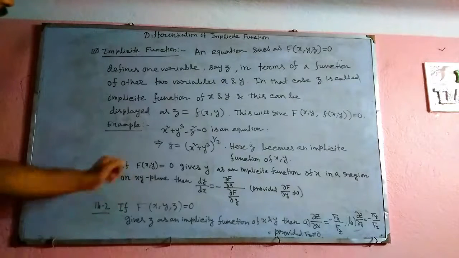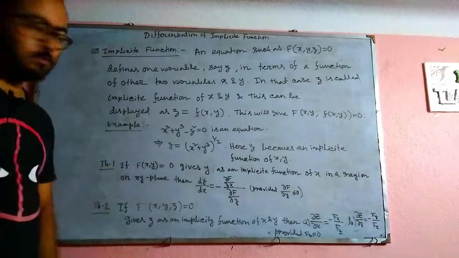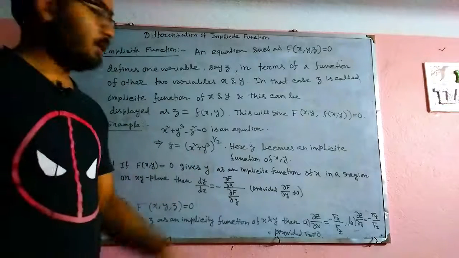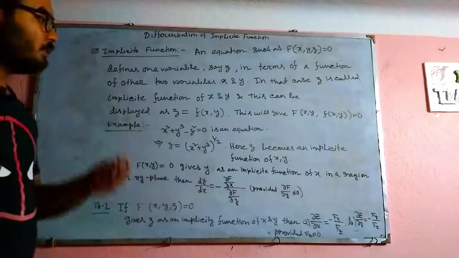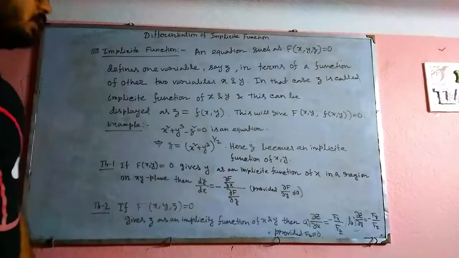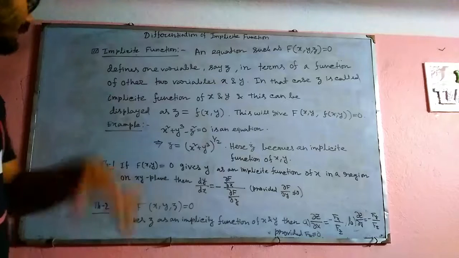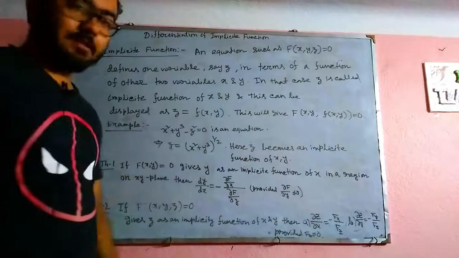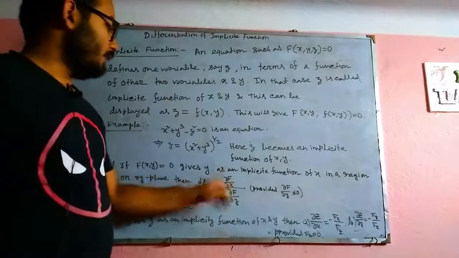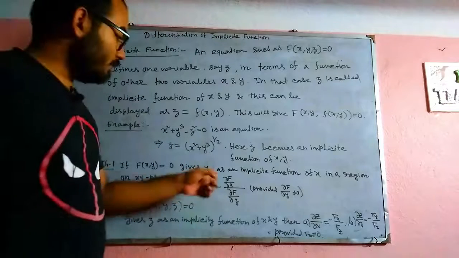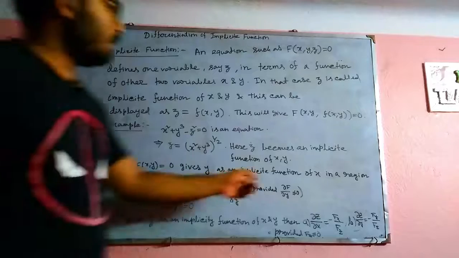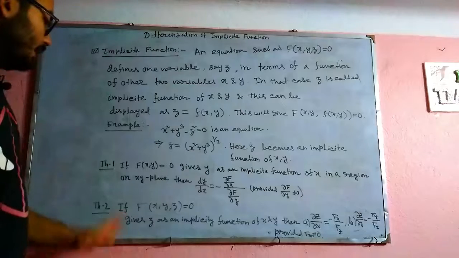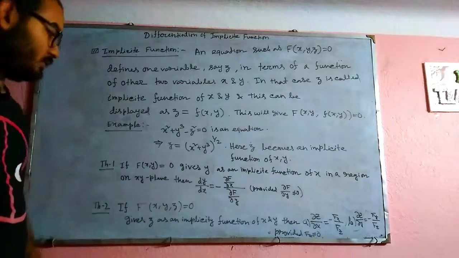Theorem 1: if f of x, y is equal to 0 gives y as an implicit function of x, that means we are able to write y as a function of x in a region on the xy plane, then dy/dx is equal to minus of del f/del x by del f/del y, where del f/del y must be non-zero.